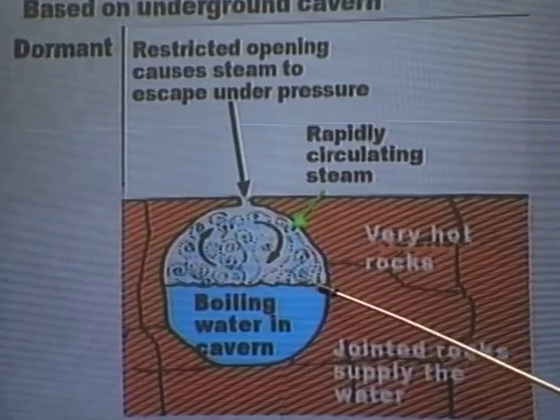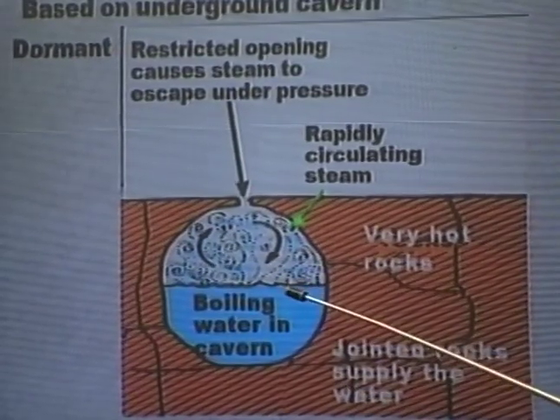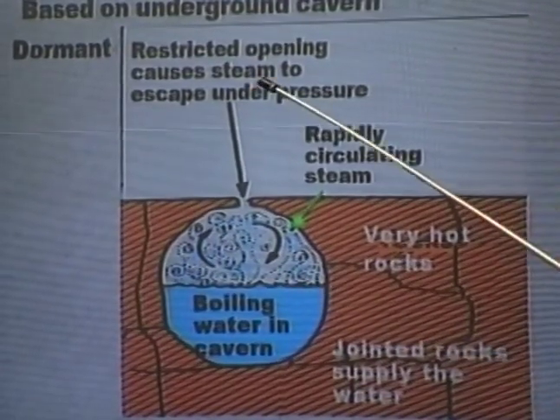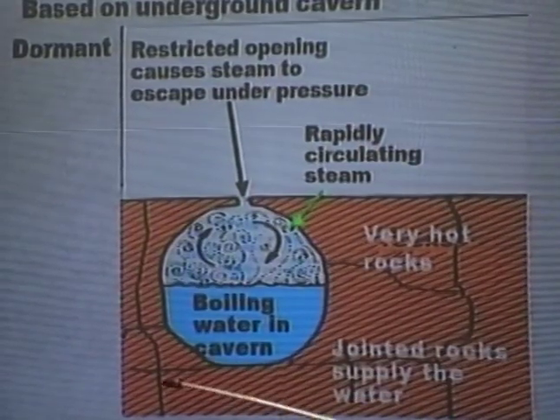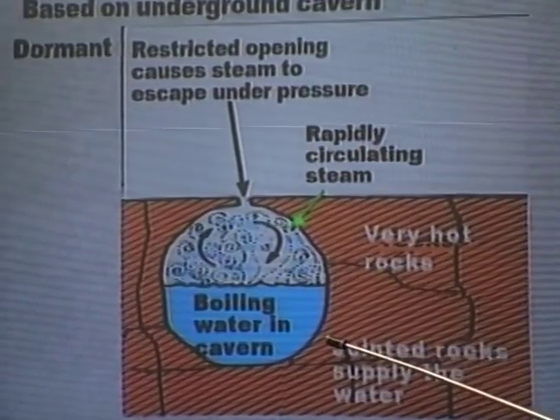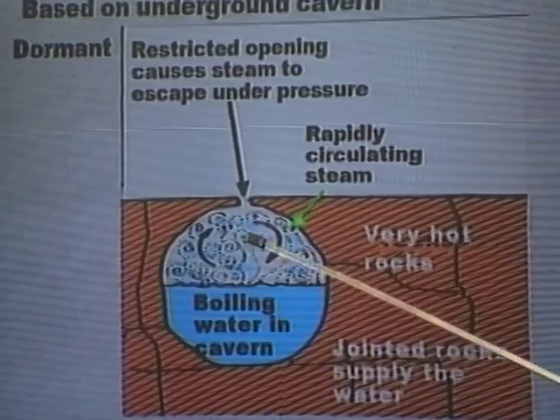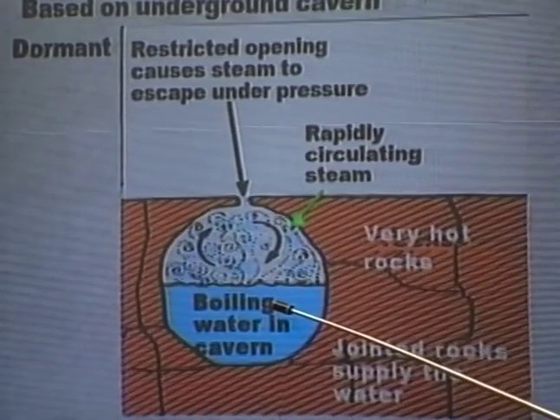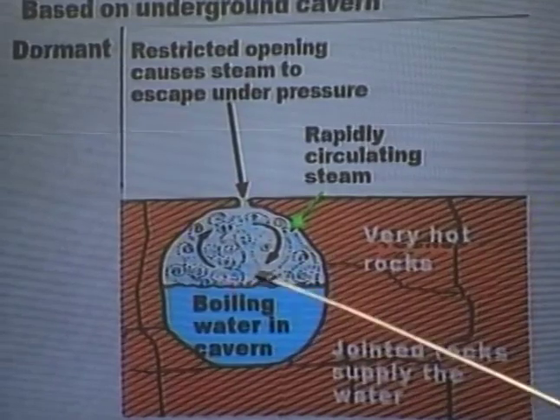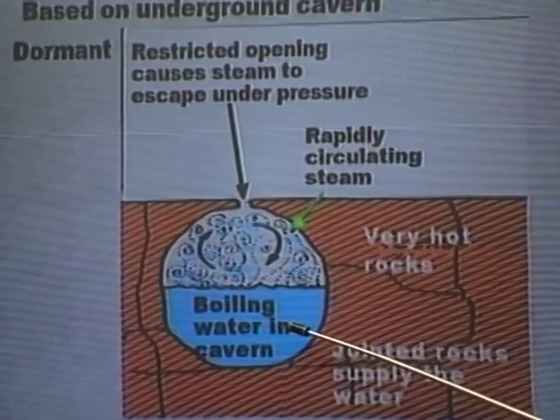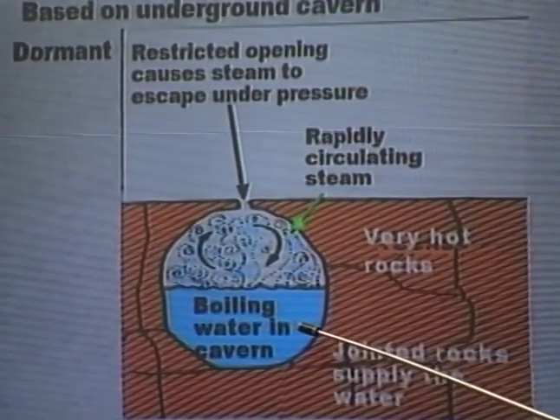The collecting of the water in this particular feature then will not form a geyser unless the area here is volcanically active, because the water will have to be heated up. And the heating of the water in this cavern is as a result of volcanic activities.